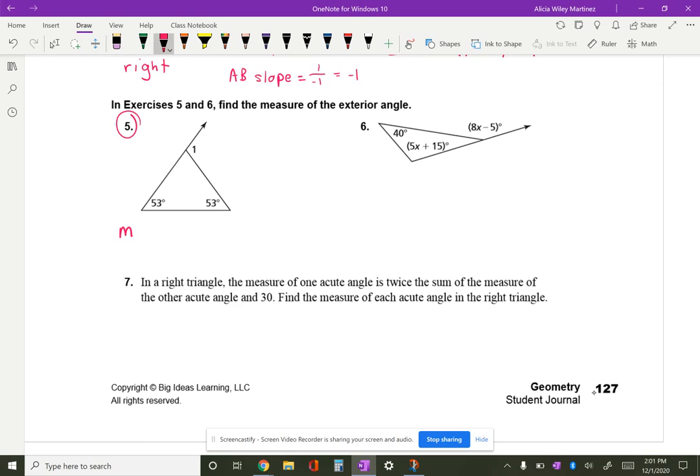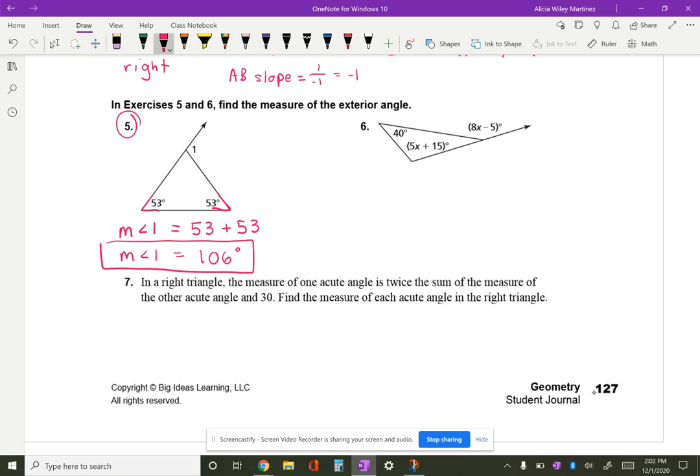So to find the measure of angle 1, which is our exterior angle, we're going to take the measure of the non-adjacent angles, which happen to be this angle here and this angle here, and we're going to add them together because that exterior angle is going to equal the sum of those 2 non-adjacent angles. So all I have to do is add 53 plus 53, and I get 106 degrees. So that is the measure of that outside exterior angle.